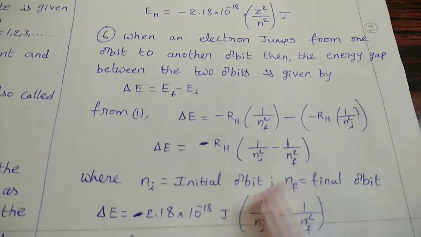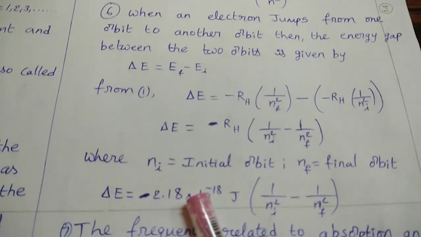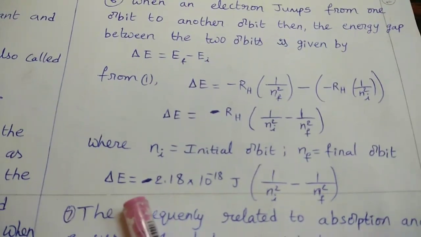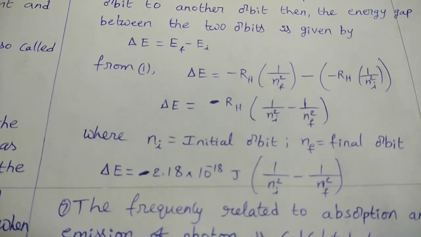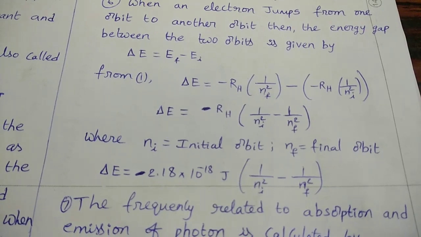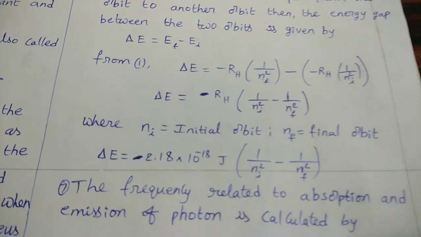So from this, if we substitute the R_H value, we can get ΔE equals 2.18 into 10 power minus 18 joules into 1 by n_i squared minus 1 by n_f squared.